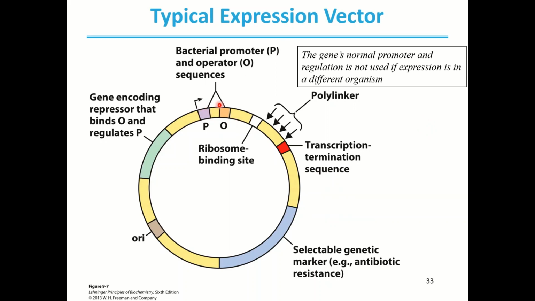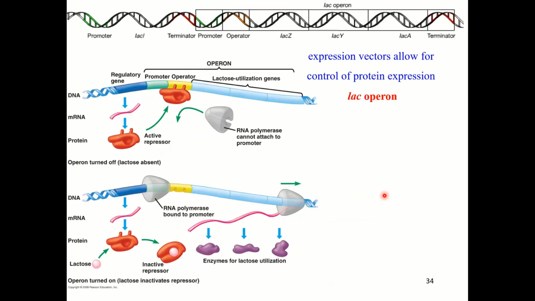That's why you have these built-in promoters and operators, to give you the ability to make this in a bacteria cell, where the gene you put in there might be a human gene. Now you can make that human gene in a bacteria cell, and you can have a way of controlling it. One way we can control this is by using the lac operon.